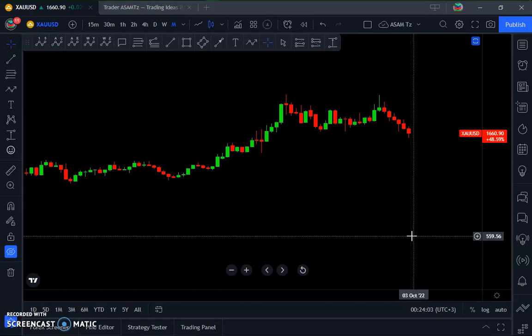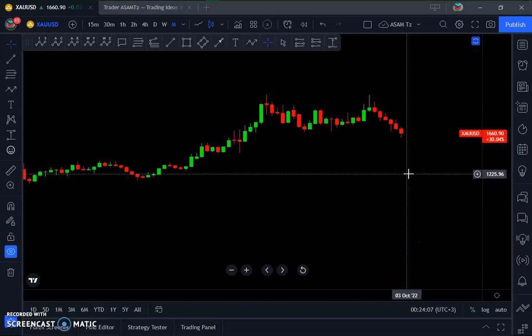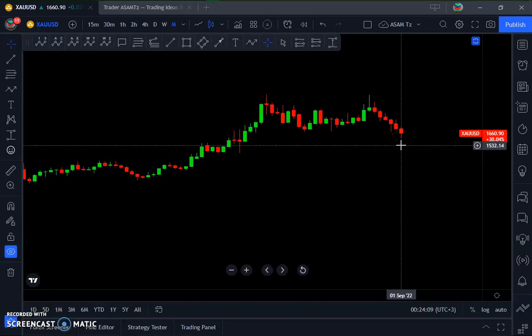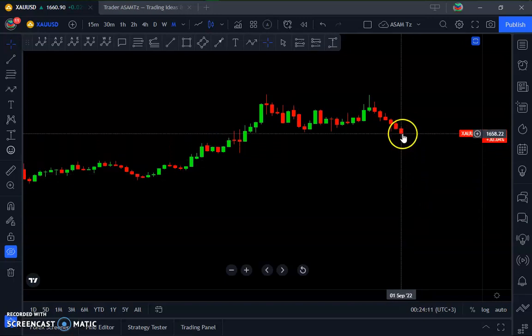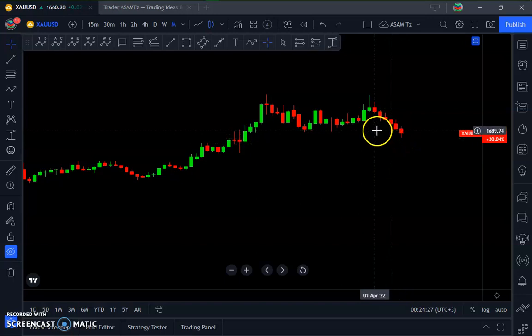The current monthly candle is a bearish candle, but it has got rejection to the downside, and it has closed within a zone. So the monthly time frame does not provide us with any specific direction on whether price is rejecting or still pushing down. We have got a little rejection from the downside, but it has still closed around the zone.